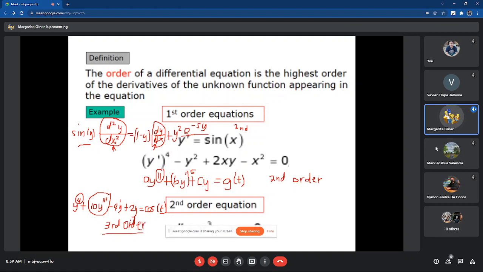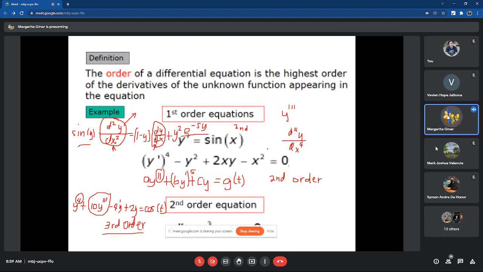Okay. Now, usually, when it goes up to the third derivative, we only use y prime. It's okay if your symbol is this one, as long as you specify, let's say, the fourth derivative. So, you specify it here: the fourth y over dx to the fourth.